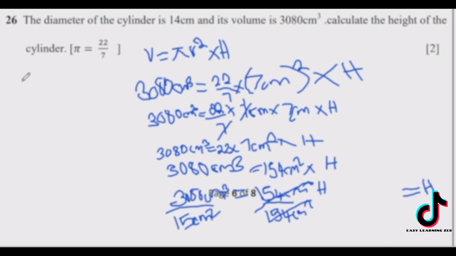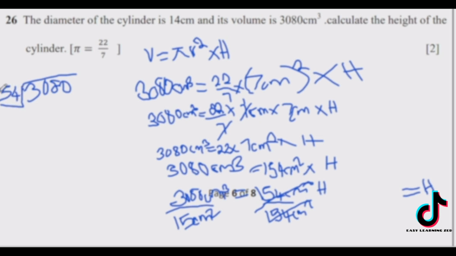So we can use long division here. We say 3080, I'll ignore the units for now, then divide by 154.